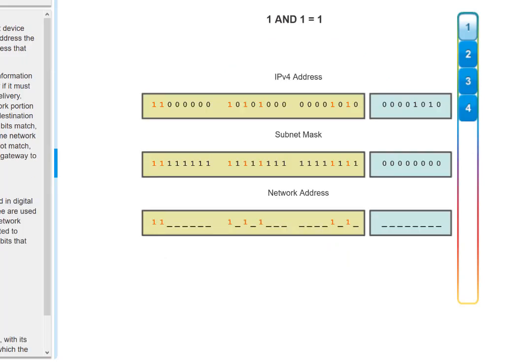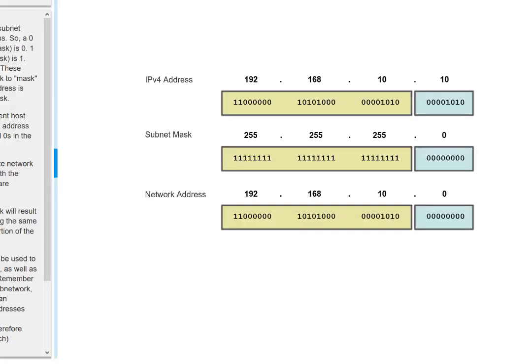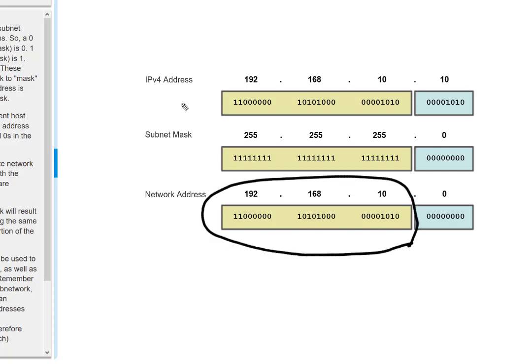Here I explain the AND operation, and I assume that students are familiar with the ANDing operation. If we AND 1 and 1, the result will be 1. Otherwise, if we AND 1 to 0, the result will be 0, or 0 to 1, the result will be 0, or 0 to 0, the result will be 0. This is how to AND the IP address with the subnet mask in order to isolate the network part from the host part, and then we take this host part and use all possible combinations.